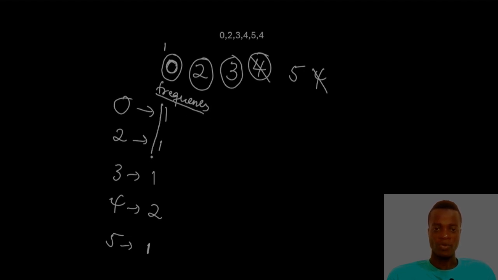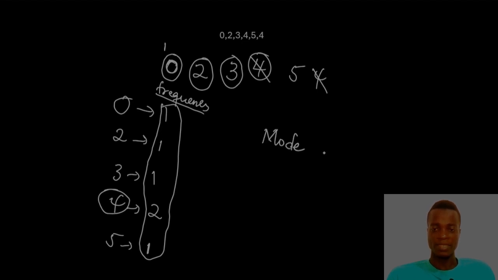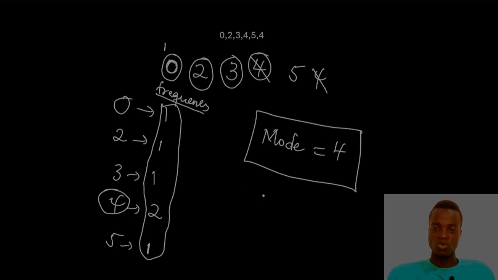If you look at the frequencies, the one with the greatest count, which is 2, belongs to 4. So the mode is not 2, but the element that has the greatest count. So the mode for this data set is 4. The mode is not the frequency. The most common mistake people make is that when they find a count, they use that number as the mode.